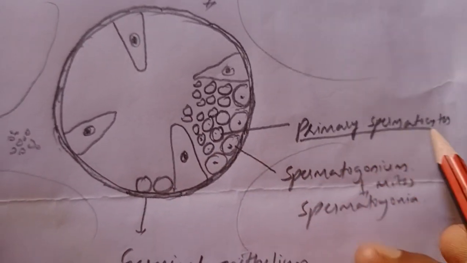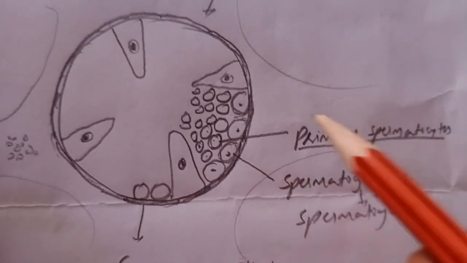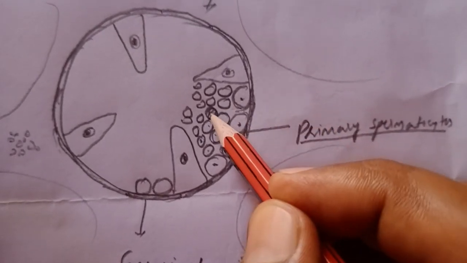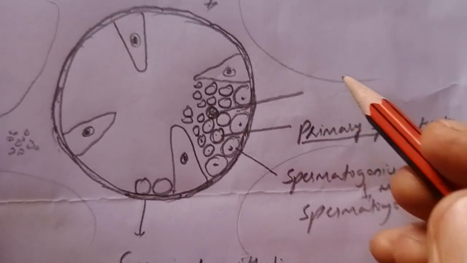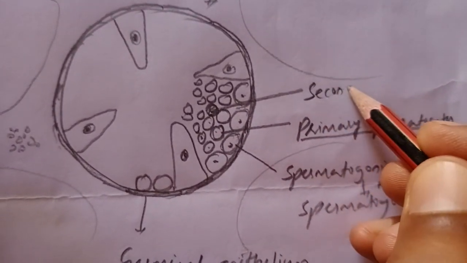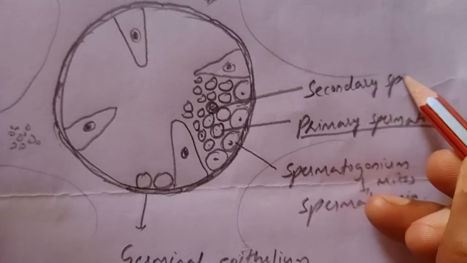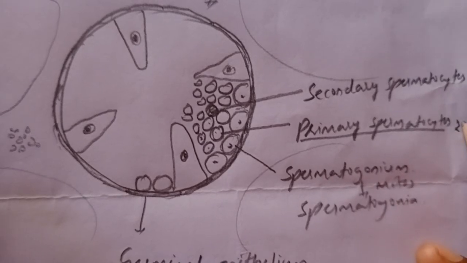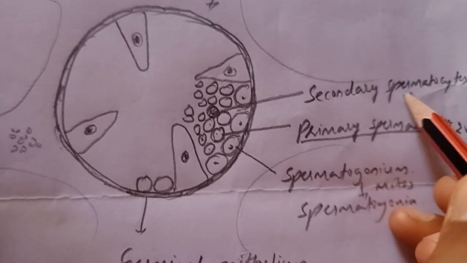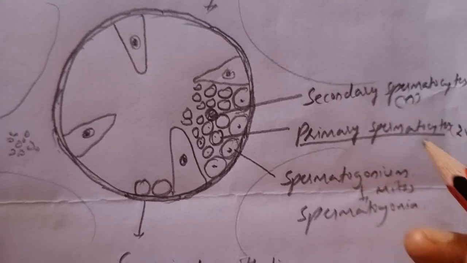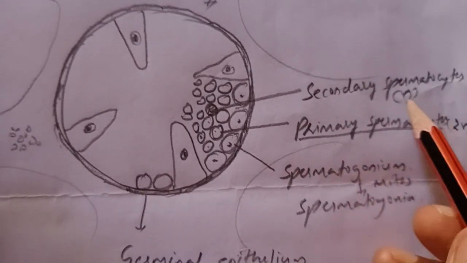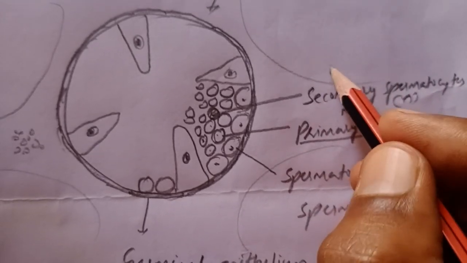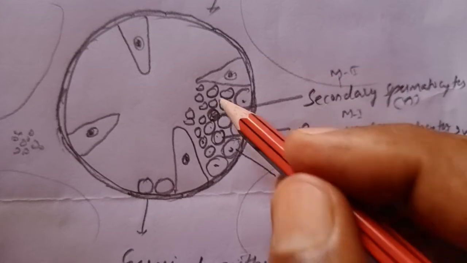After formation of these, they undergo growth and produce the next round cells, which are referred to as secondary spermatocytes. Actually the primary spermatocytes are diploid, but the secondary spermatocytes become haploid because of the reductional division. It starts with meiosis 1, and these cells undergo meiosis 2 and produce the spermatids.